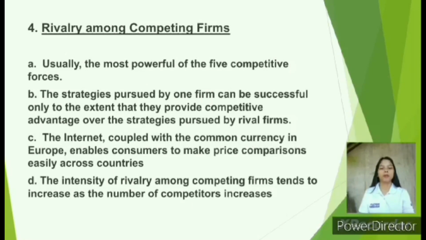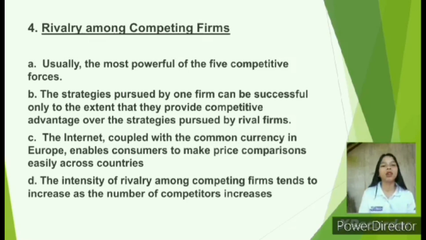Number 4, this is the first of the 5 forces. Rivalry among competing firms. A. Usually the most powerful of the 5 competitive forces. B. The strategies pursued by one firm can be successful only to the extent that they provide competitive advantage over the strategies pursued by rival firms.